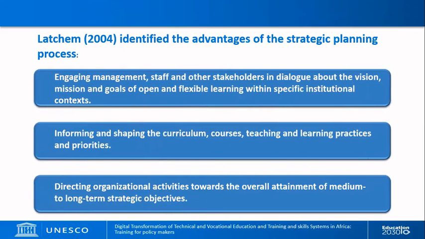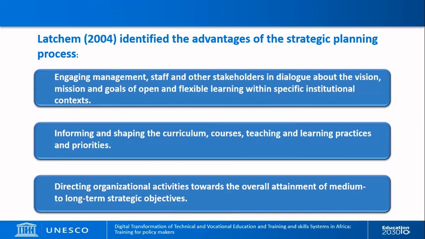Now, LACHEM 2004 identified the advantages of the strategic planning process, such as engaging management, staff, and other stakeholders in dialogue about the vision, mission, and goals of open and flexible learning within specific institutional context. Informing and shaping the curriculum, courses, teaching and learning practices and priorities.